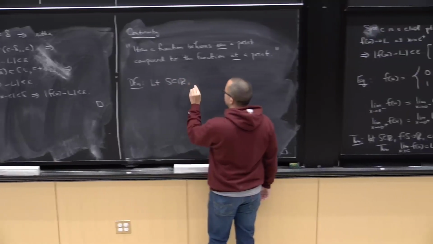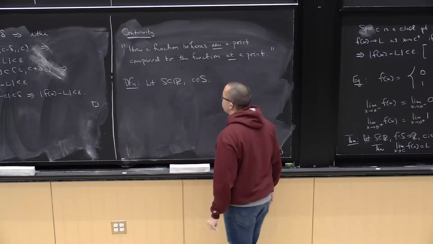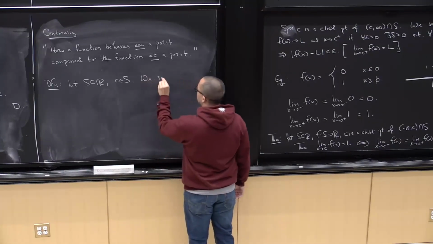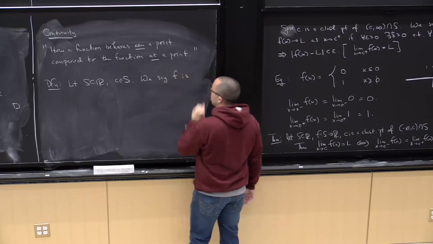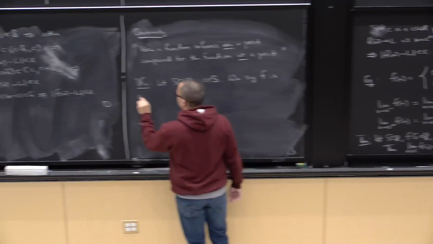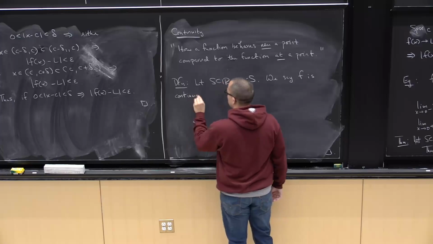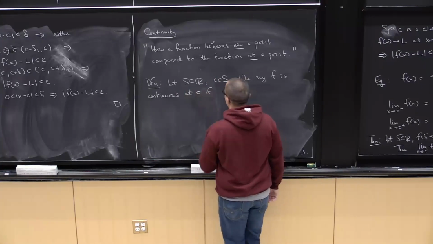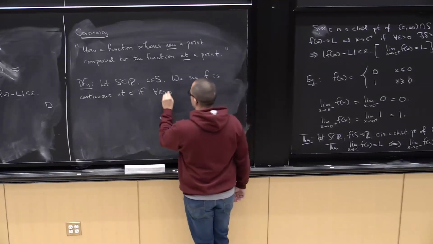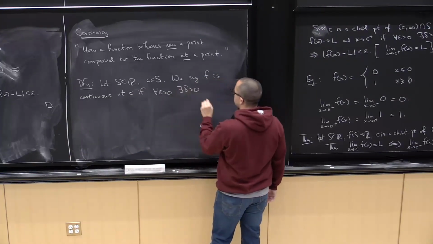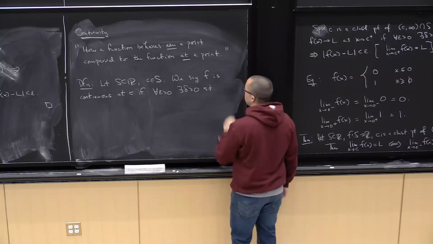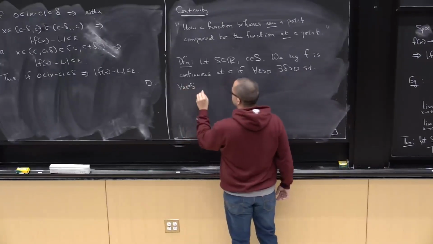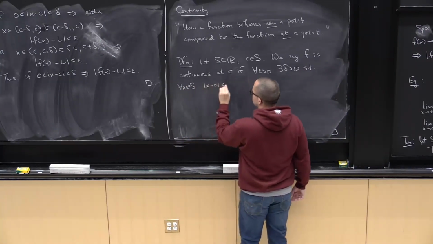Let S be a subset of R and c an element of S. We say f is continuous at c if for all epsilon positive, there exists a delta positive such that for all x in S satisfying |x - c| < delta.